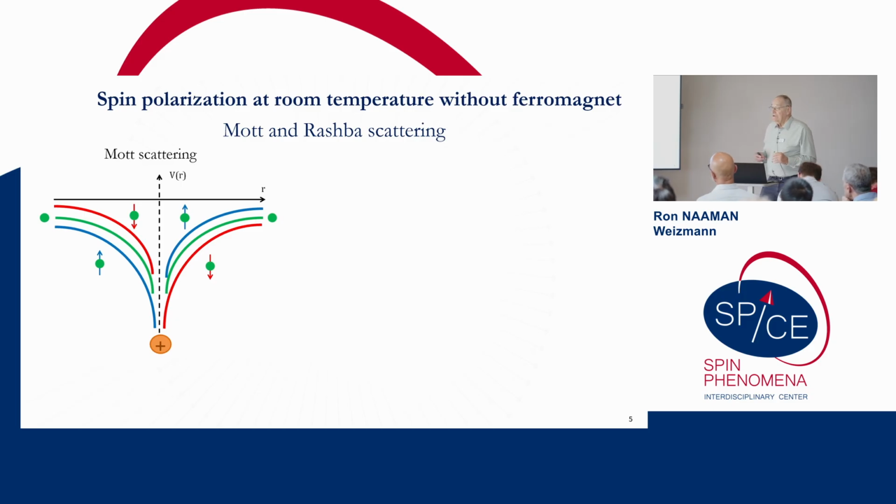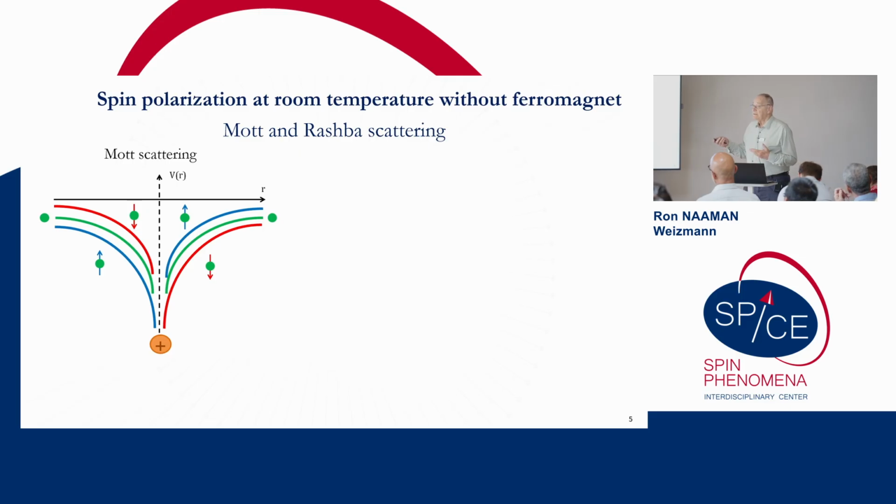So when we go to more sophisticated spin polarization, we go to the Mott scattering. Mott scattering, it's really amazing how similar it is to the Frisbee. You take an electron, it has a spin, and you scatter it from a gold foil. And what happens there, you find that one spin is scattered in one direction, and the other spin is scattered in the opposite direction.